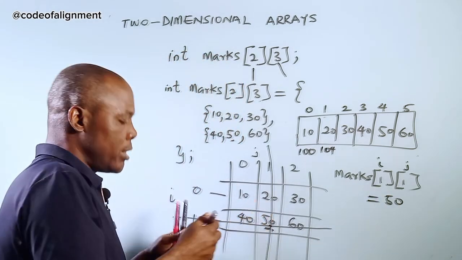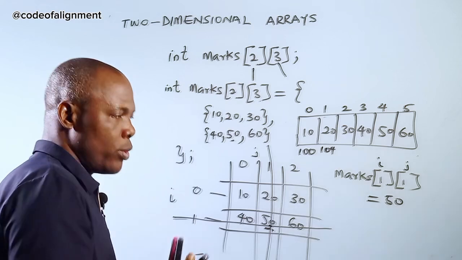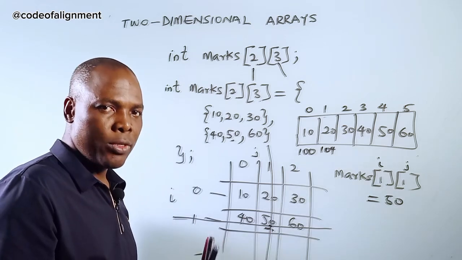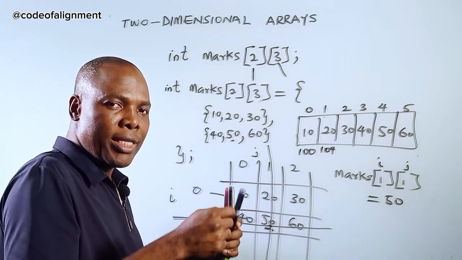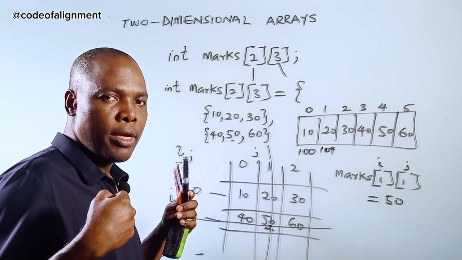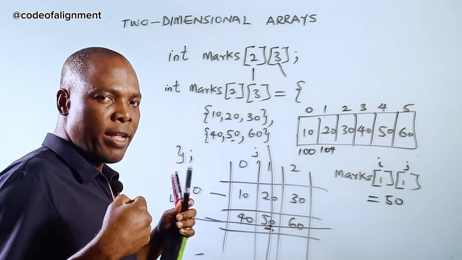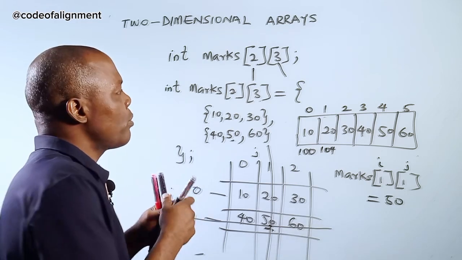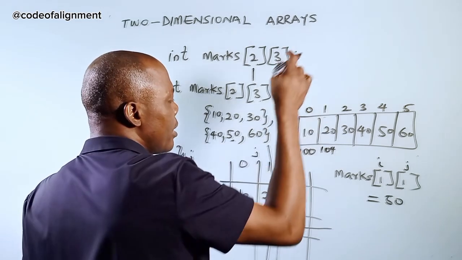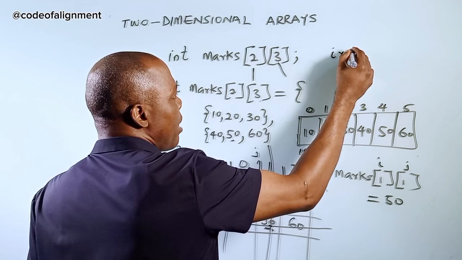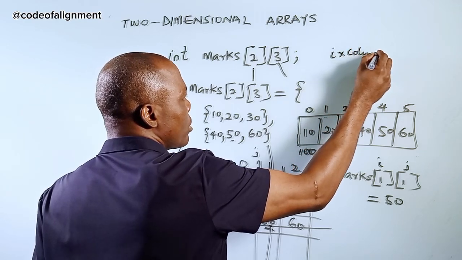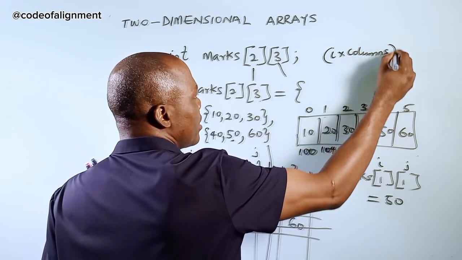Now, how do we calculate the formula? We know the index and we know the value that we are looking for. So how do we locate the address where we are going to retrieve that value, right? So the formula will be I multiplied by columns, right?